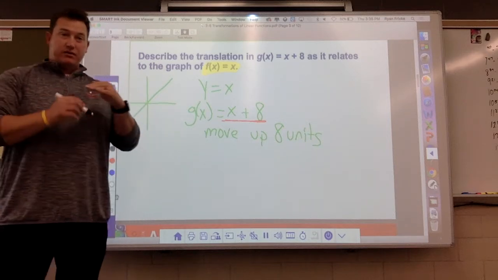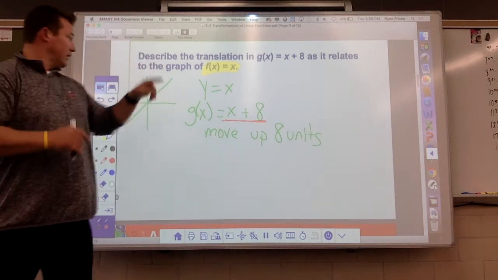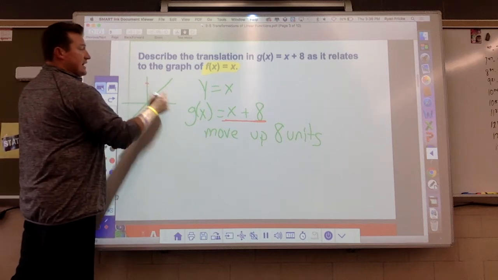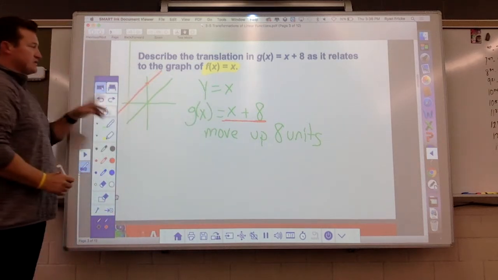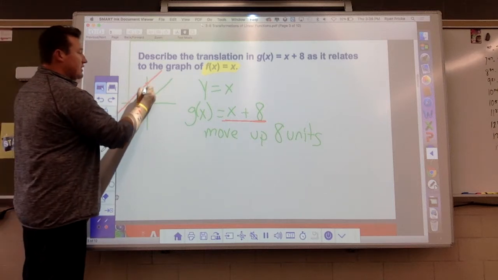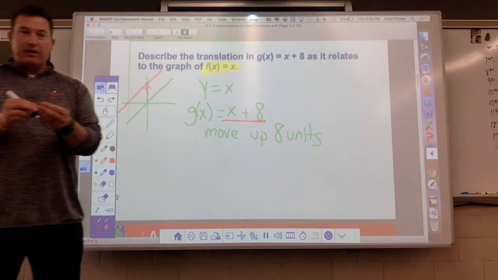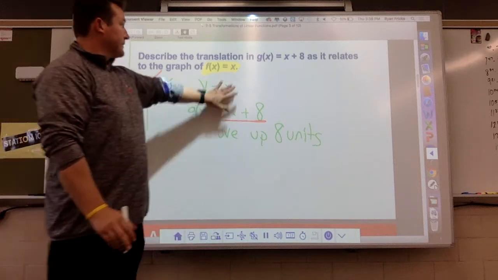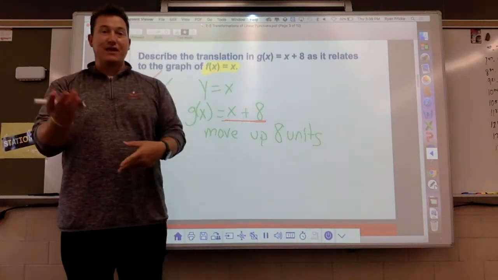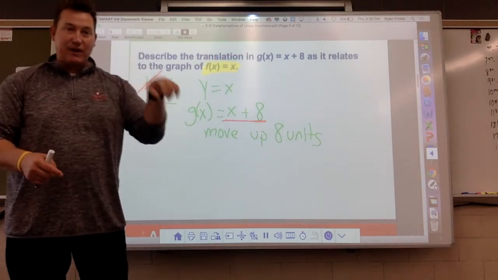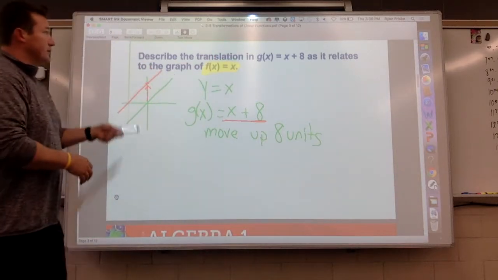Where's the y-intercept? It's at 8, so it's going to be all the way up here at 8. It still has the same slope, just x. It's going to look just like that. So all that's really been done is it's moved up 8 units, okay? If this was like x minus 8, it would do the opposite, guys. It's going to go down 8 units.